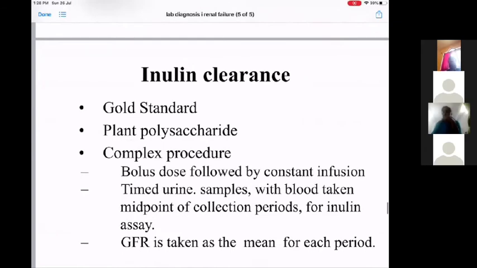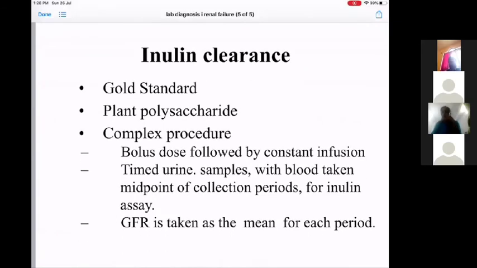Now inulin clearance is the gold standard method for GFR. What is inulin? Inulin is a plant polysaccharide. Inulin clearance is a complex procedure. How will we do it? A bolus dose of inulin is followed by constant infusion.